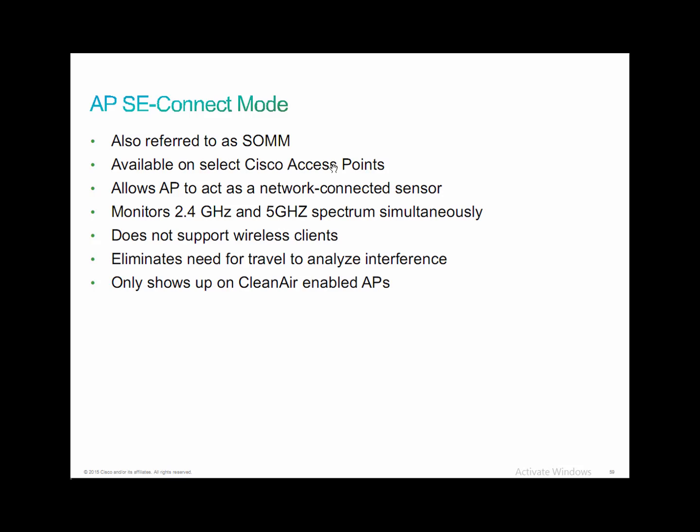Remember, wireless LAN controllers are licensed based on the number of APs that they support. So you obviously want to be careful with that, since you may not have enough licensing to support this feature.